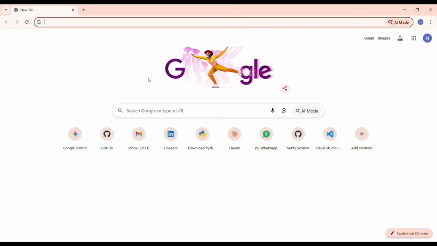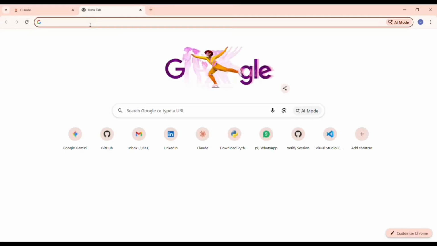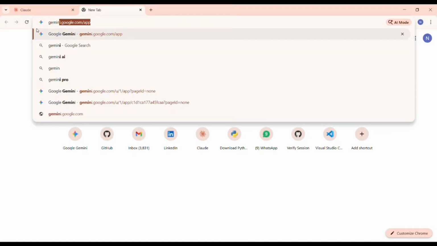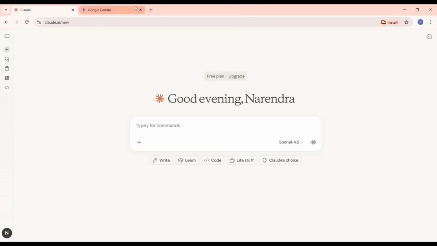Hey guys, as you can see, I have opened Google, and now I will be using two tools, Gemini and Claude, for the prompt enhancement. I will show you how the prompt enhancement is done. First I will open Claude and also Gemini. Now we will type here.